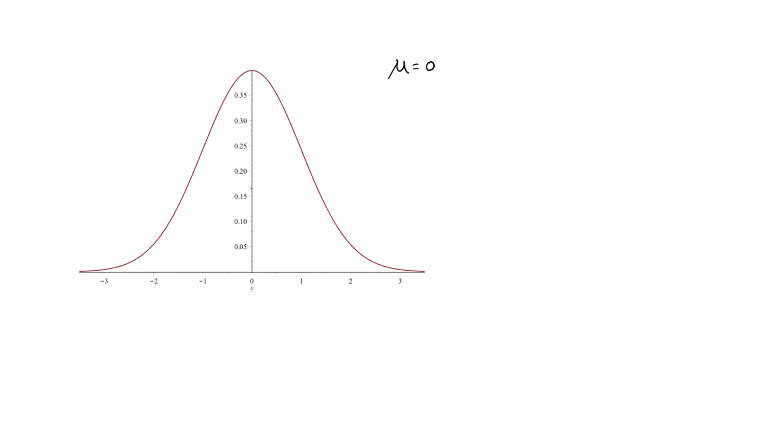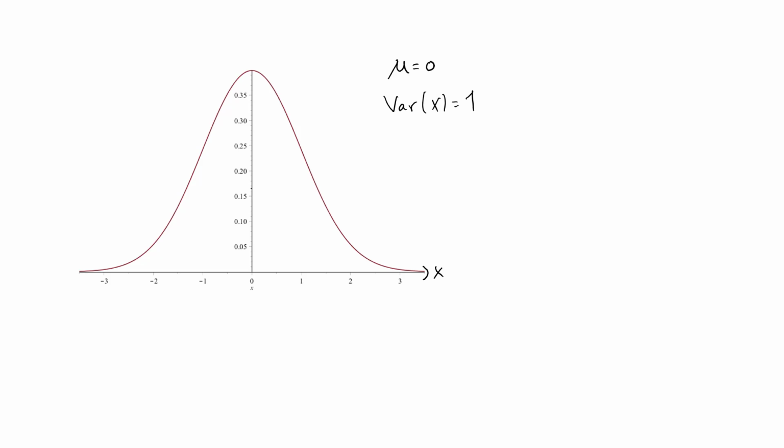And for the standard normal, if you square the deviations from the mean, which is just the x value, since the mean is 0, so you have 0, 1, 4 and so on, and you weigh that with this probability density function, you can show by calculating the integral that it has a variance which is 1.